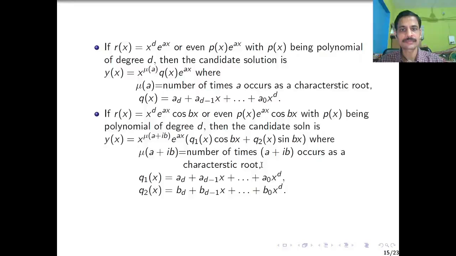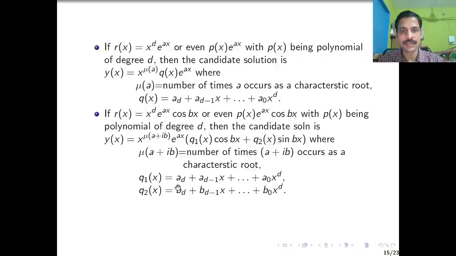That means the number of times a plus ib is a root of the characteristic polynomial. And see, if p(x) is of degree d or x^d occurs there, then we have to choose q1(x) to be an arbitrary polynomial of degree d, and q2(x) to be an arbitrary polynomial of degree d.